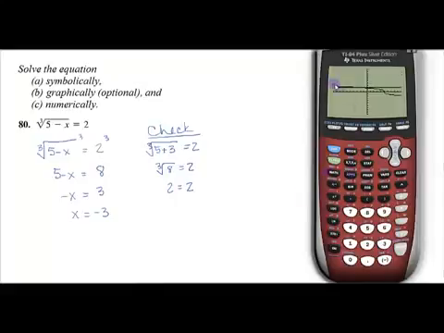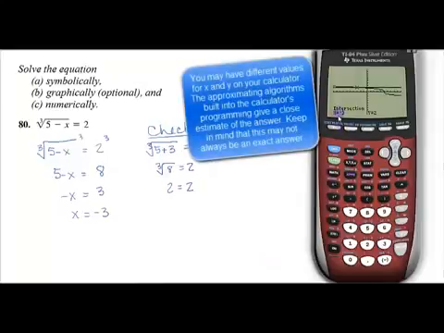What we want to do is see where those two graphs are intersecting. So I'm going to go into the second calculate menu, and I'm finding the intersection of the first curve, enter, and the second curve, enter, and let's have the calculator give its guess.